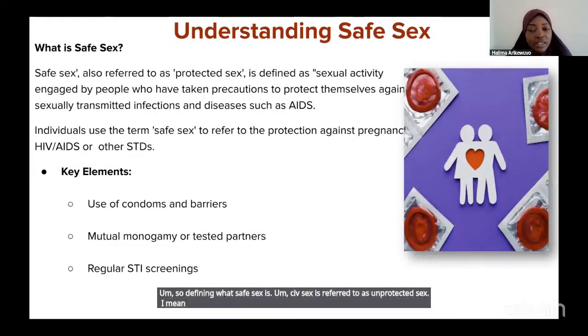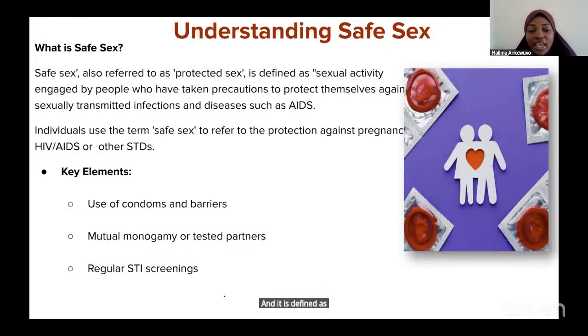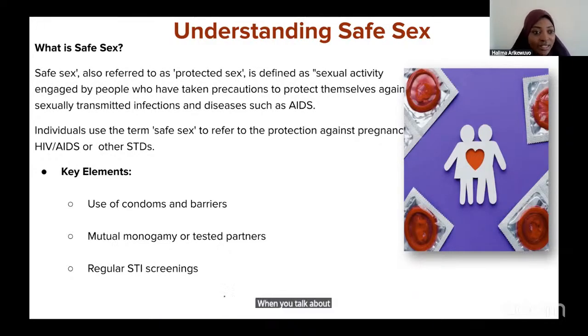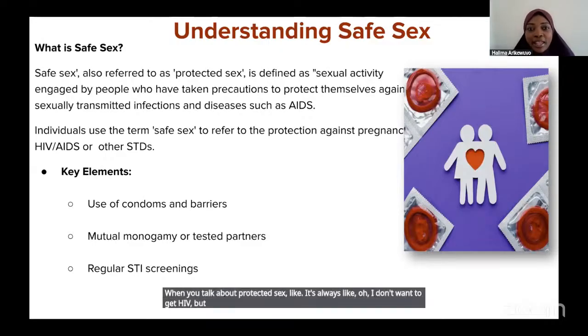I mean, sorry, safe sex is basically protected sex, and it is defined as sexual activity engaged in by people who have taken precautions to protect themselves against sexually transmitted infections and diseases such as AIDS. In the 80s, when AIDS was initially discovered, when you talked about protected sex, it was always like, oh, I don't want to get HIV, but it's beyond STIs alone.